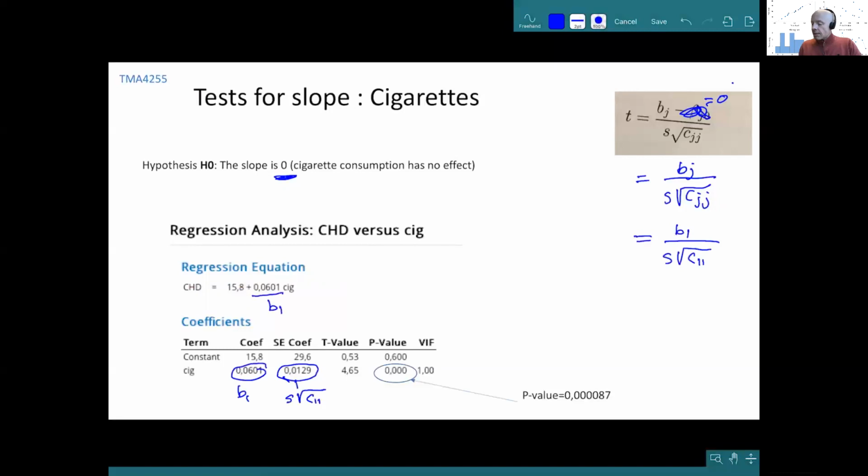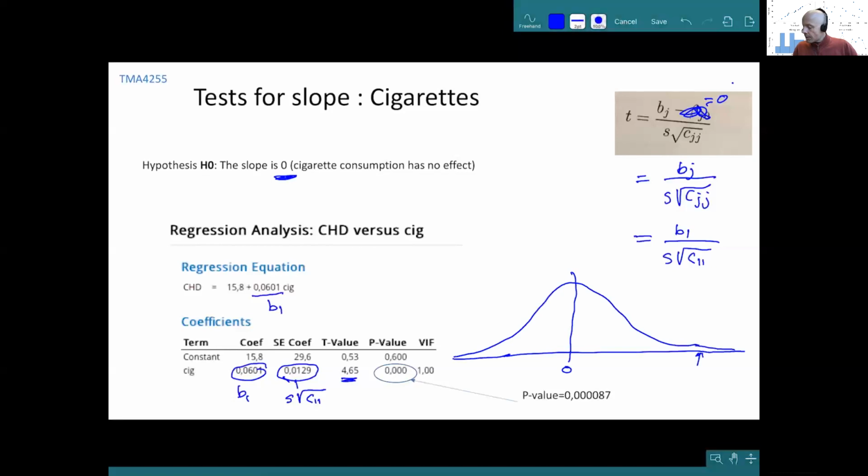And the T value in this case is quite large. And since it's so large, it's far out in the tail of the T distribution, and that gives us a very small P value. So again, recall the T distribution. 0 is here, and then we observe something way out here in the tail.